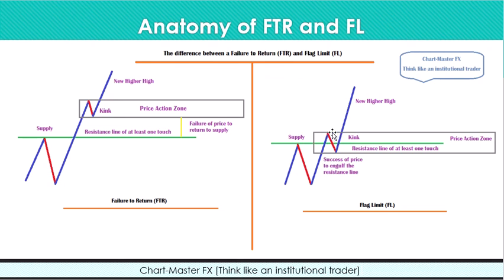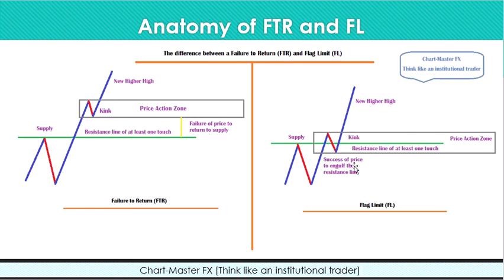So once there's a break of this high, and the price broke down and came to engulf this one and it went up to create a higher high, then we can validate that this is a flag limit. If the price comes here and engulfs this resistance line and fails to create a new higher high, then we can invalidate that as a significant flag limit.